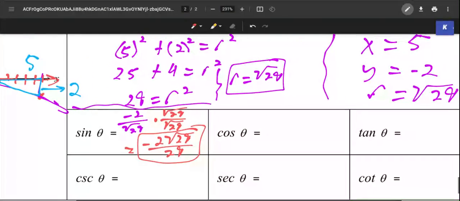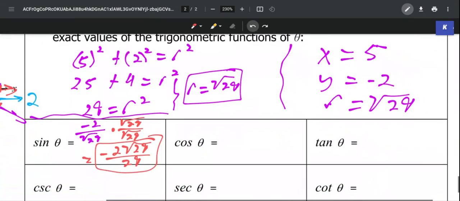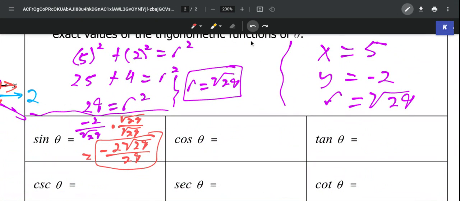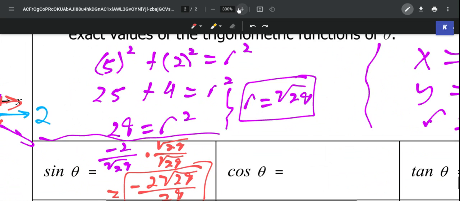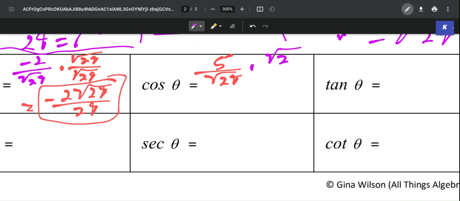And then cosine is going to be x over r. So x is 5. r is the square root of 29. So we're going to have 5 over the square root of 29. And then we have to rationalize this because we can't have that square root of 29 on the bottom.